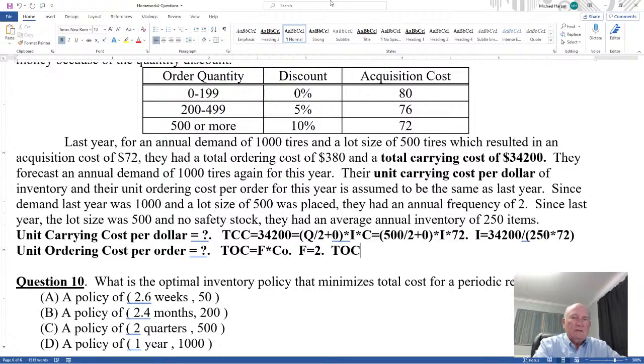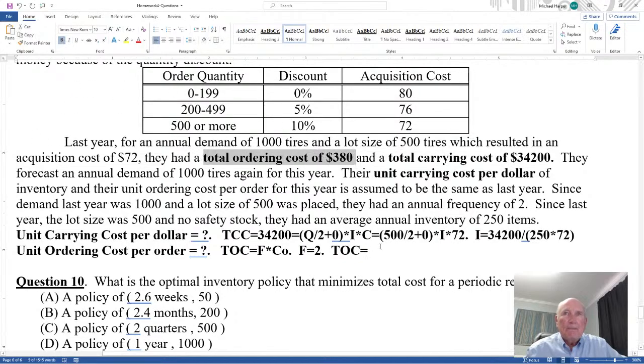The total ordering cost is given up here. The total ordering cost is 380. And so you put 2 in there, you put 380 over here, and then C sub O equals the total ordering cost divided by F. And so you can do the arithmetic.